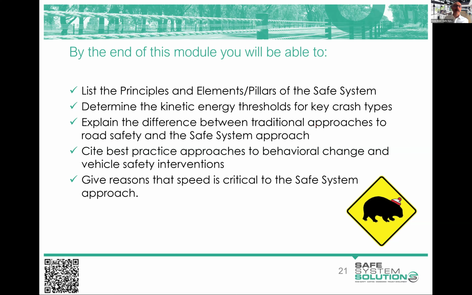We're going to look at some behavioural change and vehicle safety interventions. A safe system assessment can look at those in a lot of detail, but most are just focused on speed and infrastructure. However, those are elements of the system, and you need some base level knowledge in those as well. And we're going to talk about speed and why it's such a critical component of the Safe System approach.